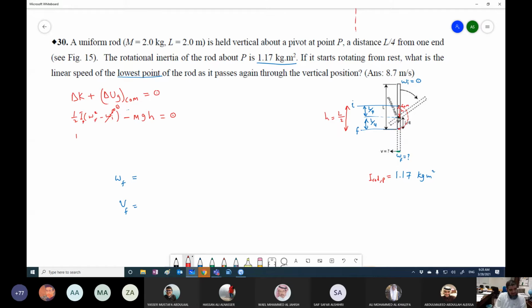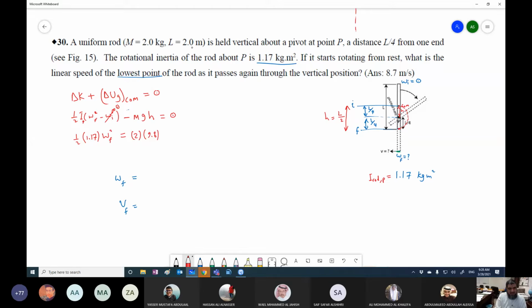So this will be 1/2 multiplied by 1.17, which is given, omega final square equals the mass. How much is the mass? It is 2 kg multiplied by 9.8 multiplied by h. How much is h? It is L over 2.